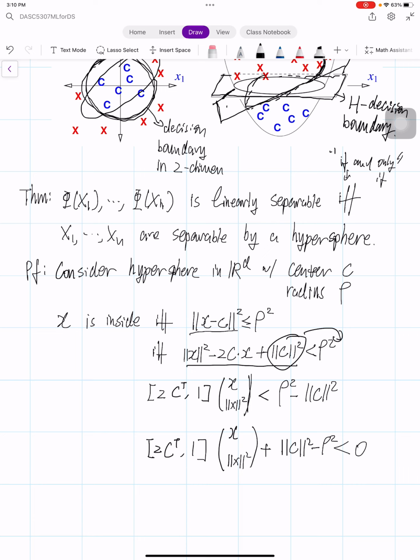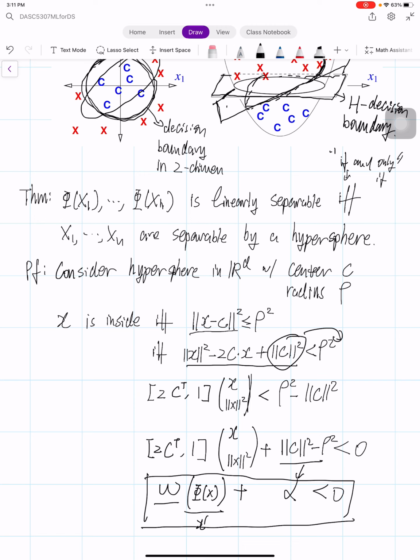So this is our weight vector omega, and this is our transformed feature x. So this is our omega dot x plus alpha, less than 0. This is our decision function, and the decision boundary is equal to 0, which proves this theorem. Okay, I think we can continue in the next video.